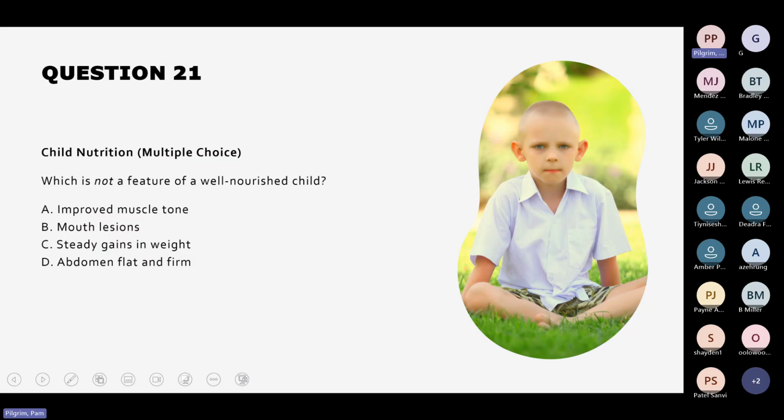All right. Child nutrition, this is multiple choice. Which is not a feature of a well-nourished child? Always pay attention to whether there's a not or except in the question, so make sure you know what it's looking for.